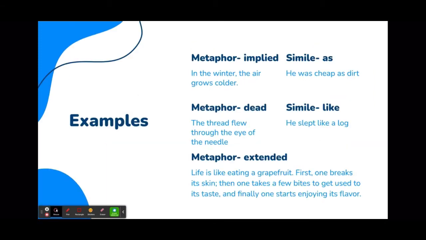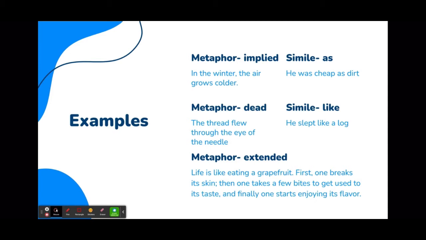An example of an implied metaphor could be: in the winter, the air grows colder. Well, the air can't actually grow, it just gets colder. A dead metaphor could be: the thread flew through the eye of the needle.